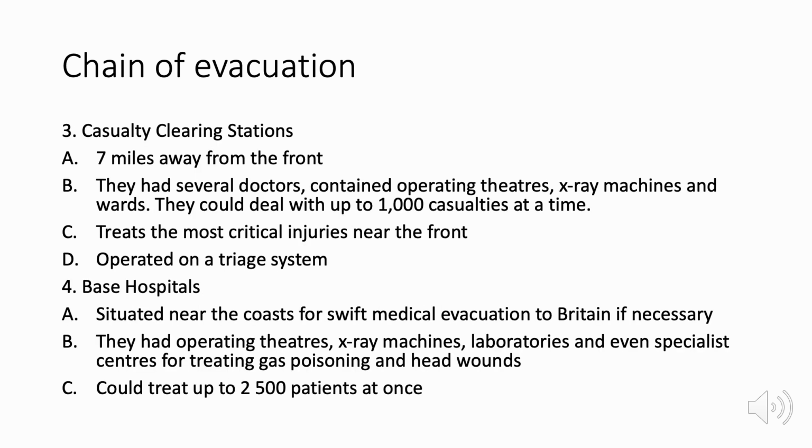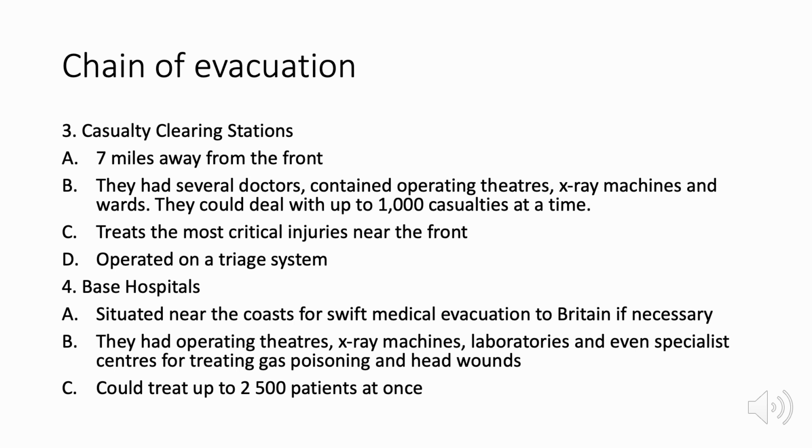Okay, third point that you need to be aware of is the casualty clearing stations. These are probably the most important, as the exam board like to give you sources which are from casualty clearing station records. These were about 7 miles away from the front. They had multiple doctors again. This time they have operating theatres, and that's how they're different from the advanced dressing station.